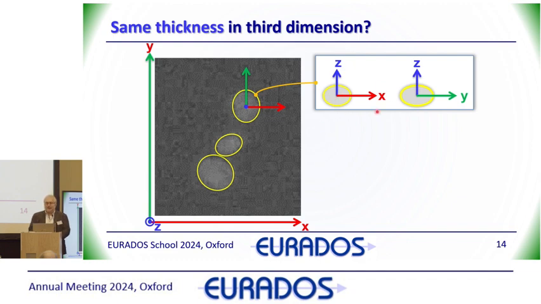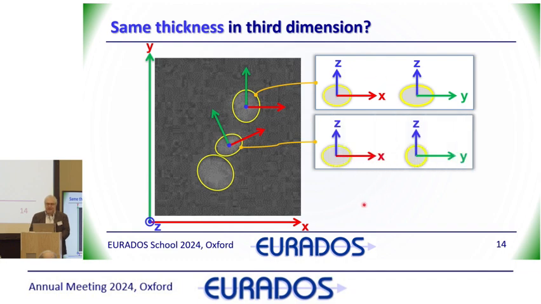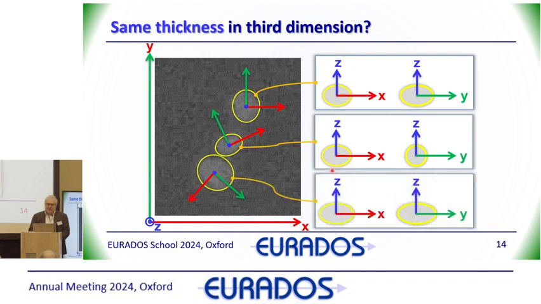Okay, so it's not really spectacular. I mean, you plot a cut through an ellipsoid, you get ellipses. If I do that for this one here, it's essentially the same, and for this as well. The important thing is, of course, I made the assumption they all have the same thickness. Therefore, the ratio of the height in this direction of this ellipse and the z-axis arrow is the same for all three.